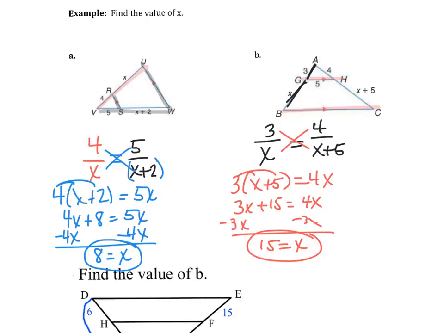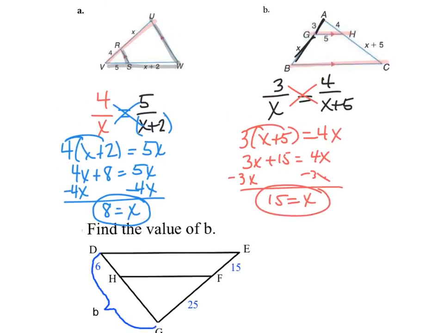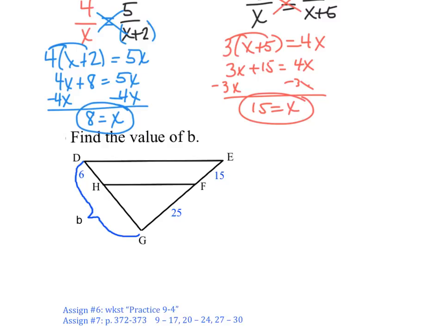All right, last example here, we're going to be finding the value of b. We are going to use that assumption that these are similar triangles. One thing that's missing here is that these two sides are parallel. We're going to go ahead and assume that to set up our proportion statements. I'm going to use that the triangles that are formed are proportionate.